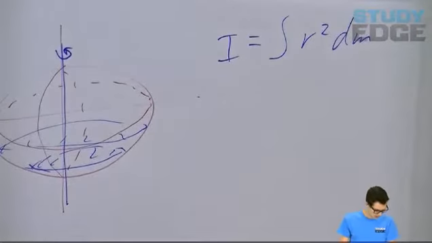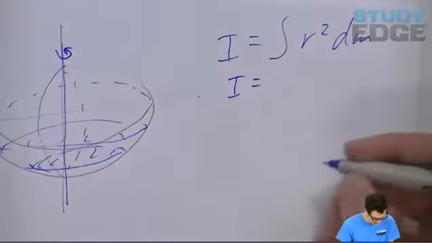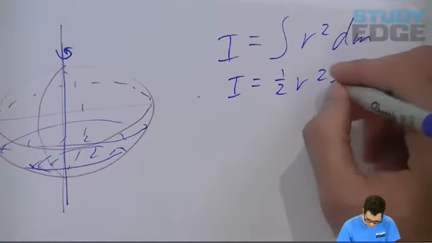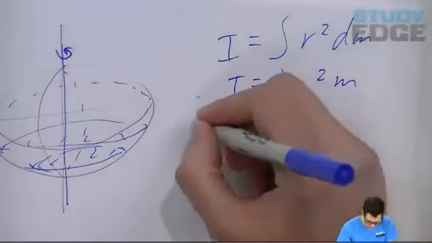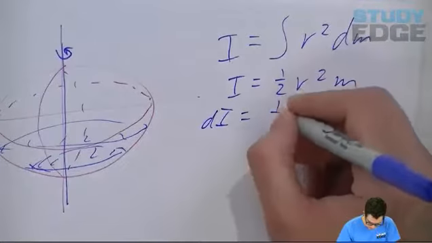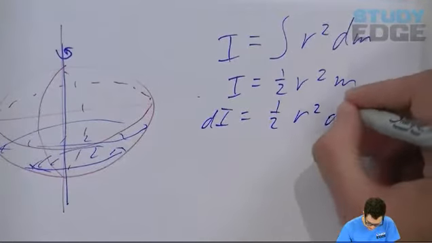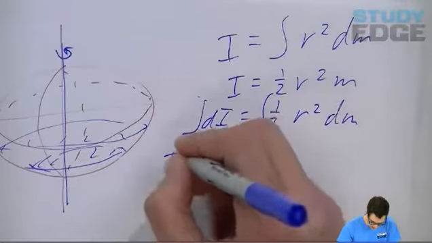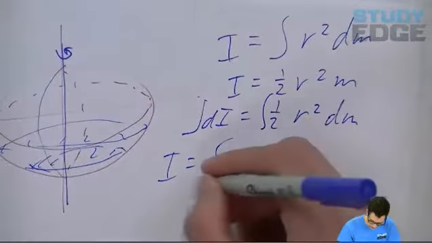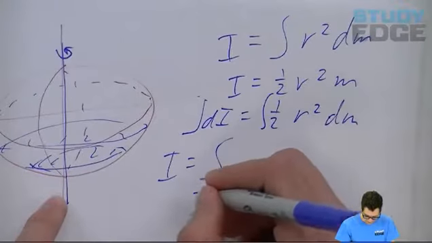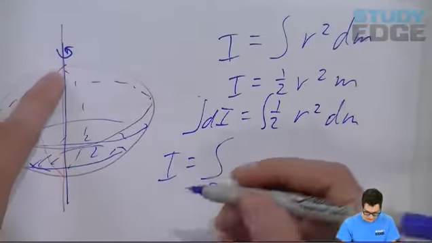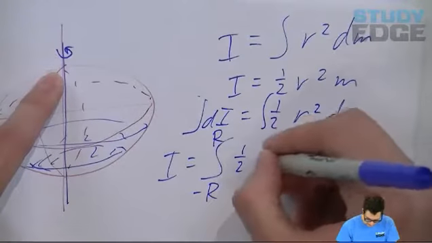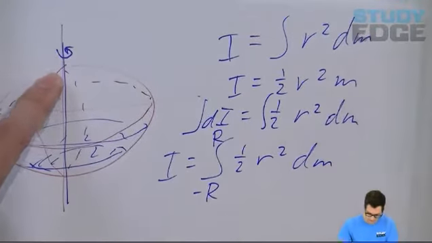The rotational inertia for a disk is, of course, 1/2 r squared times m. So dI is equal to 1/2 r squared dm. If we integrate, that means we're going to take the integral to find the inertia. We'll do the integral from negative r up to positive r in the z direction of 1/2 r squared dm.